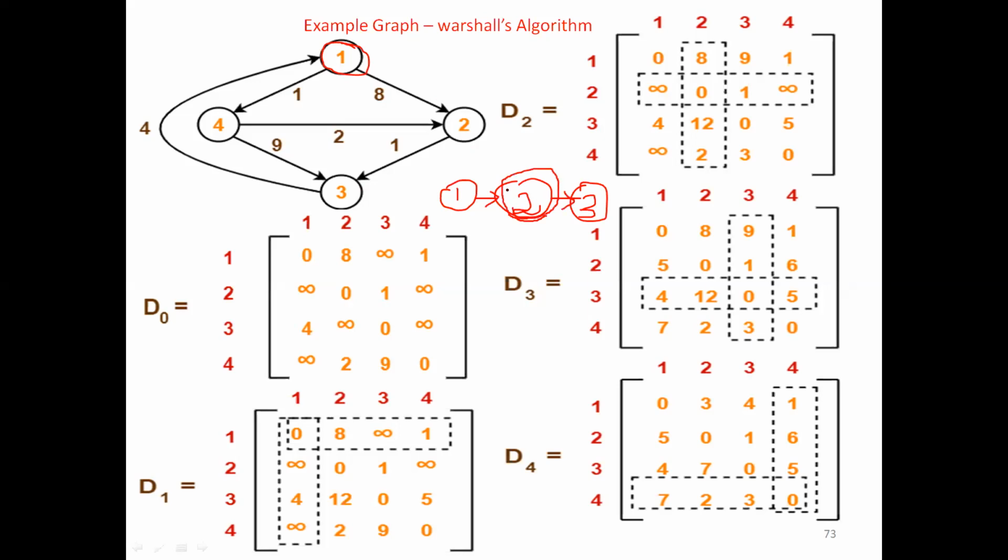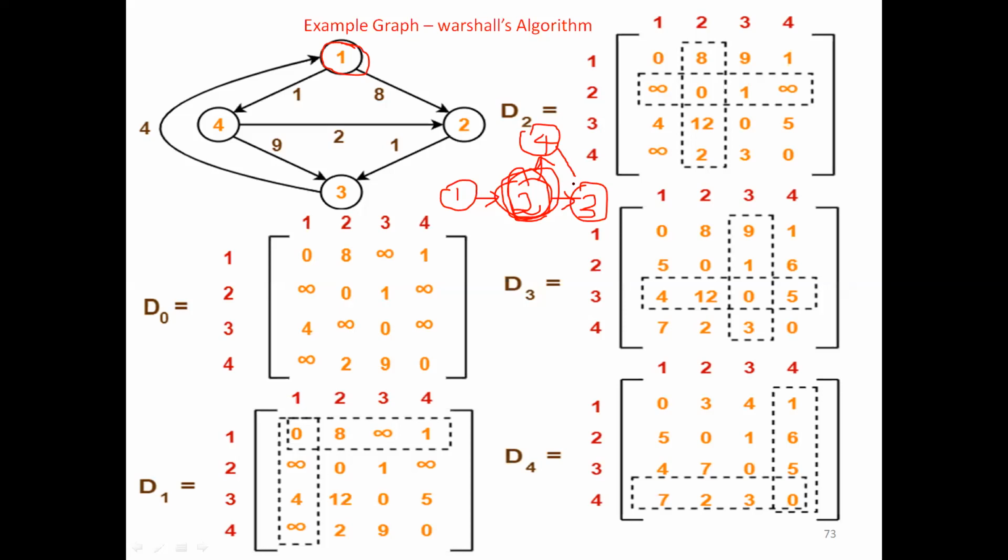This is the intermediate vertex, right? What are the possible ways to reach 3? There is only one path here. Here also I can have 4 like this. Not more. So I'm connecting 2 to 4 and 4 to 3 like this.